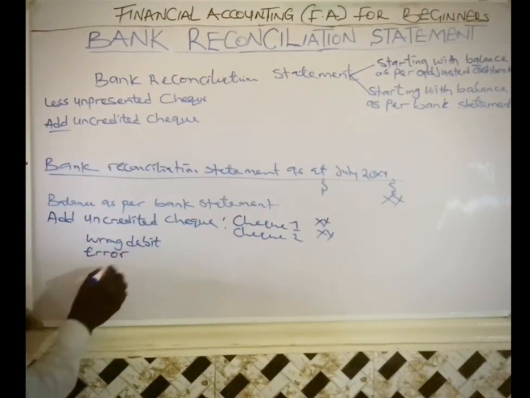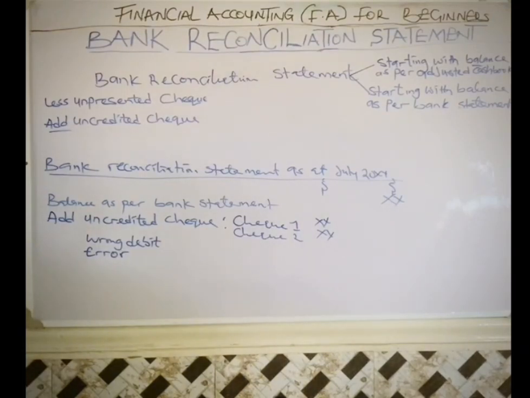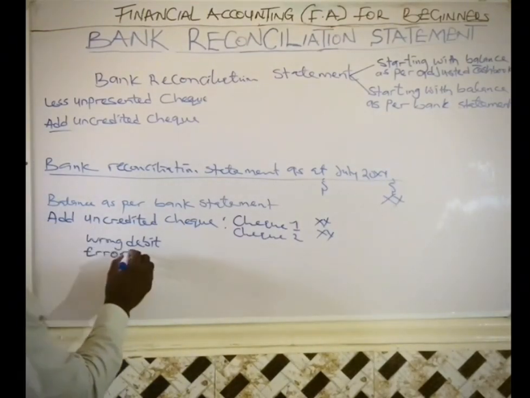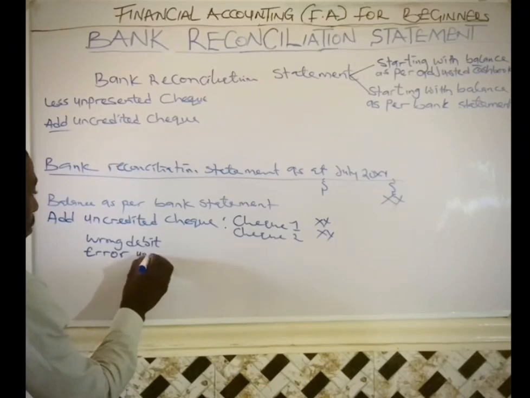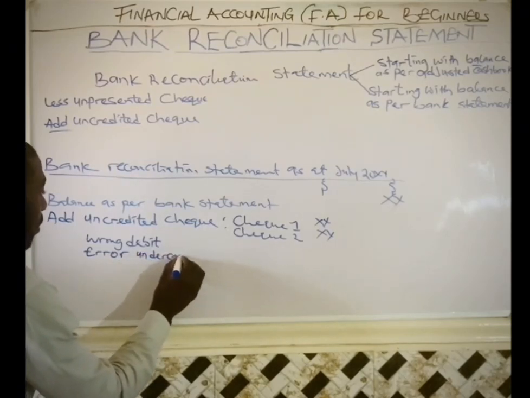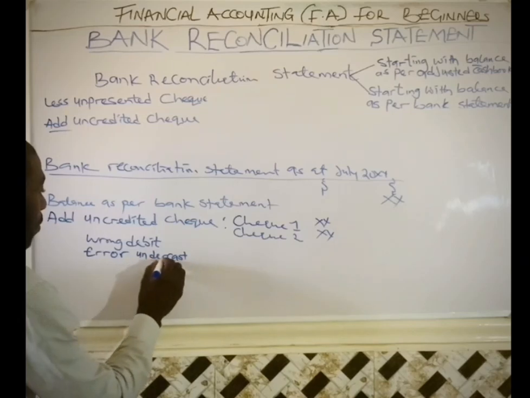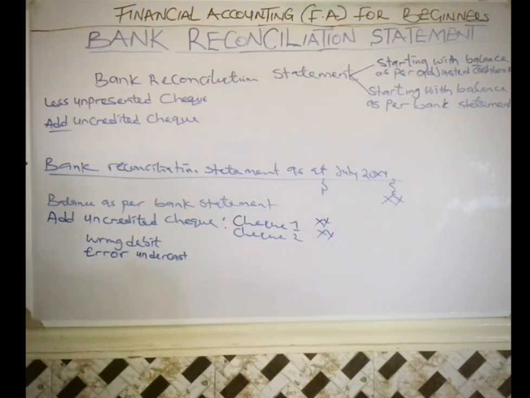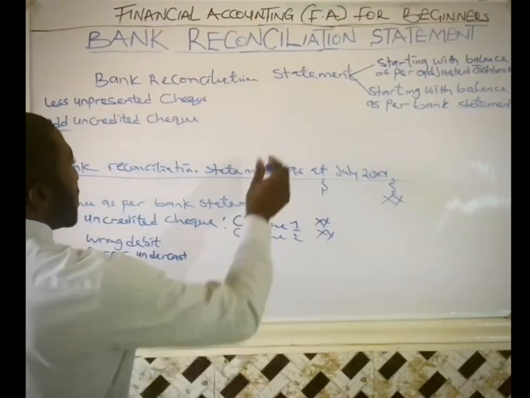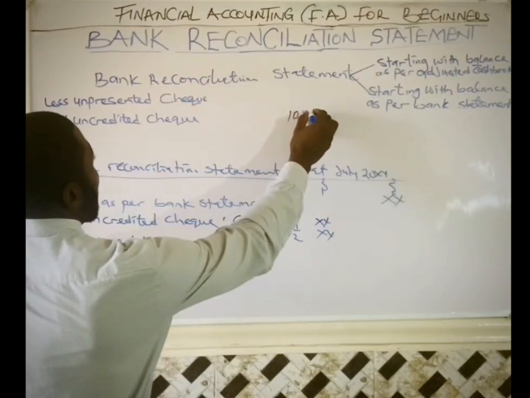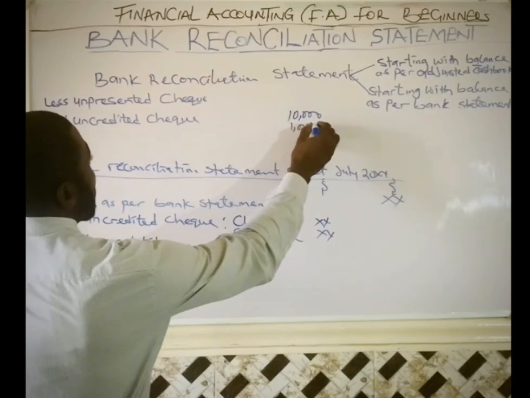So if there is an error, it's the same thing. It will be error under cast. So if the bank undercast your account, they were supposed to have credited your account with $10,000, but it was $1,000.